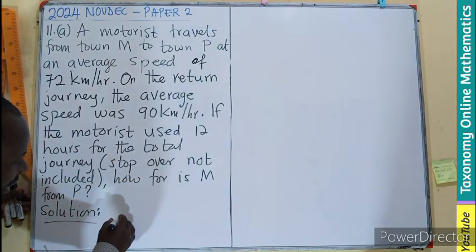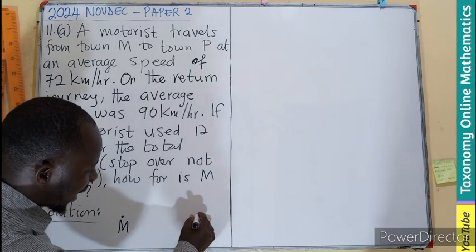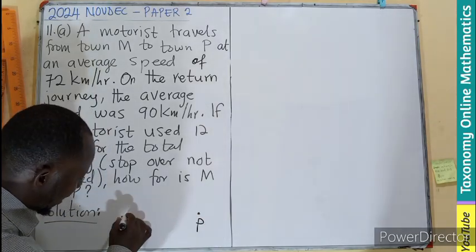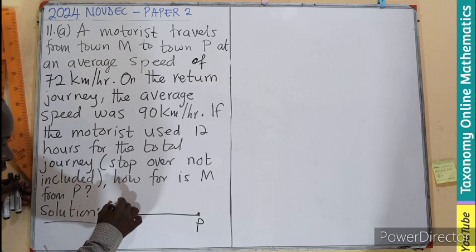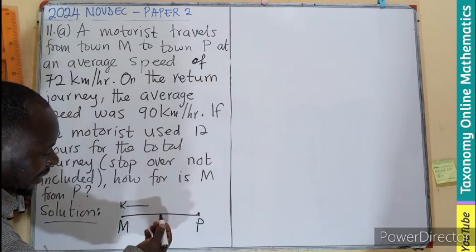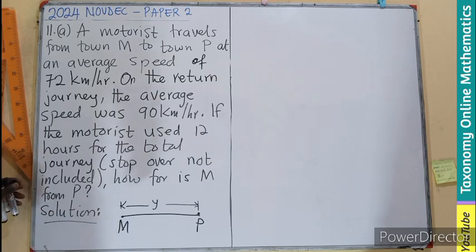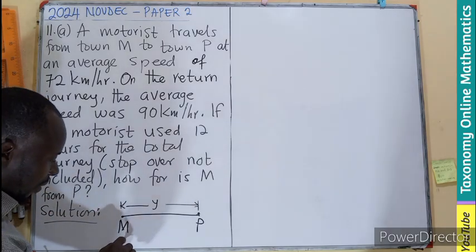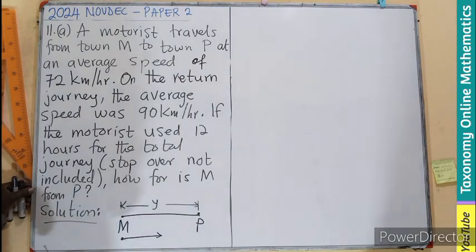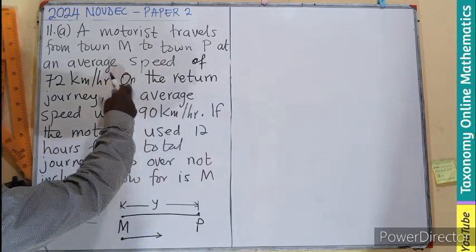So let's say we have the town M here and the town P here. The distance between the two is what we are looking for. So let's just say we indicate that distance as y. Now, when we are moving from M to P, there is a speed that is being used.